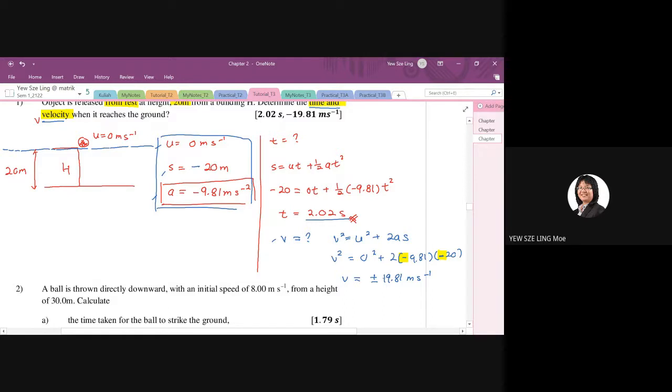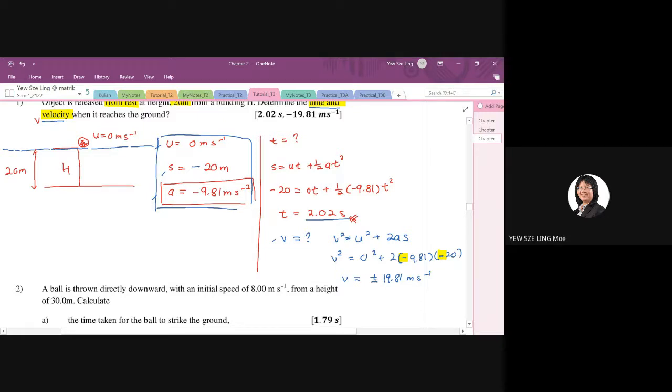But when it comes to vertical motion, you cannot do like this. You must take into consideration both positive and negative. Okay, because you need to check what is the direction of the object, whether it's going up or going down. Vertical, you can have an object that is going down, then in that case, it must be negative. It is unlike a horizontal motion.